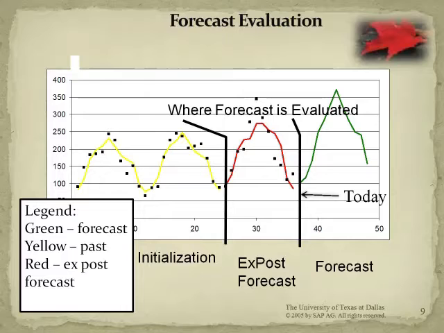So if I know what the error was in the past, I'm going to make a leap of faith: that the same error that existed in the past in that ex-post forecast portion will be the same in the future. And that's how I go about determining what the accuracy of the future forecast will be.